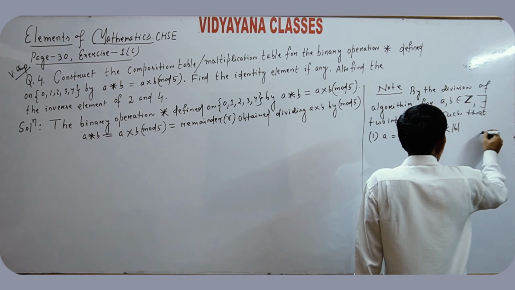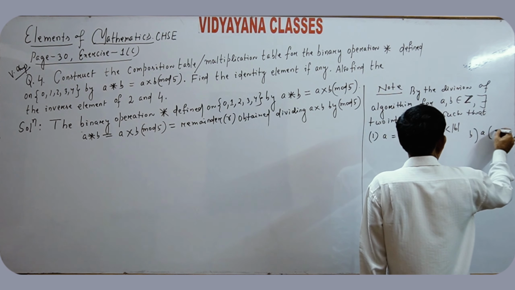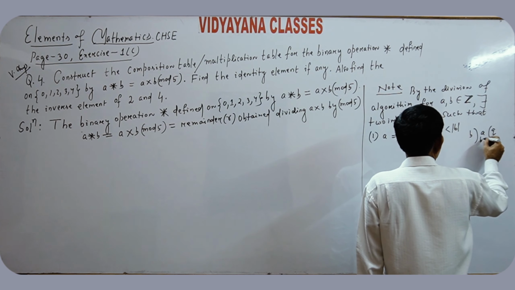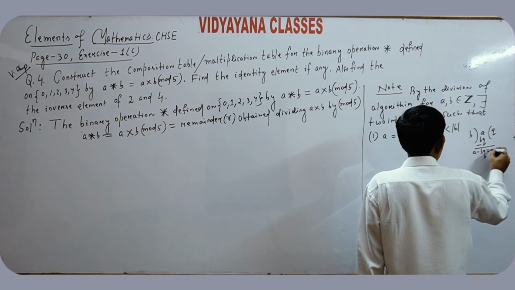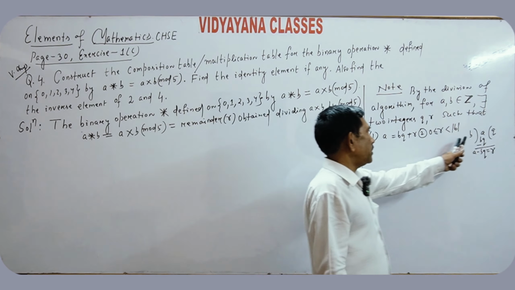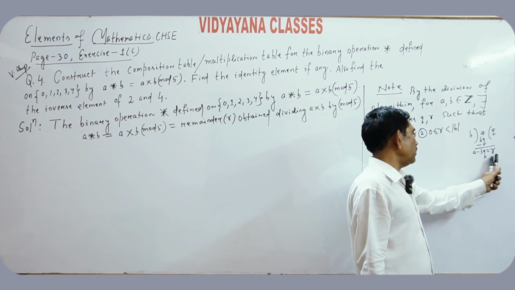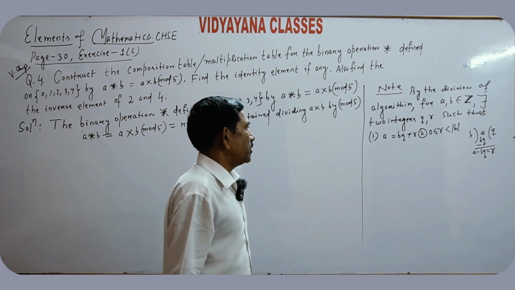When b divides a, it gives the quotient q, and a minus bq is equal to r. r is the remainder. a, b and q, r are integers.